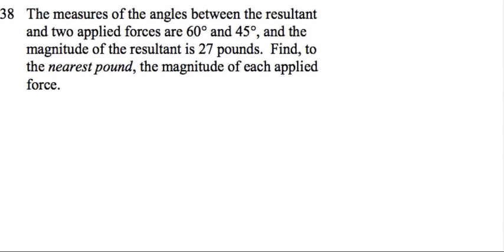Alright, let's look at number 38. The measures of the angles between the resultant and two applied forces are 60 degrees and 45 degrees, and the magnitude of the resultant is 27 pounds. So let's look at this one together. The measure of the angle between the resultant and the two applied forces are 60 and 45.